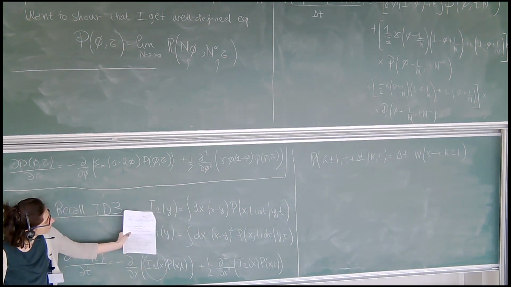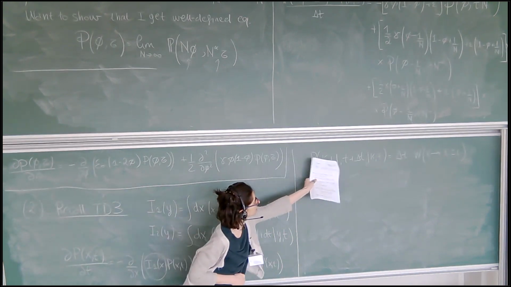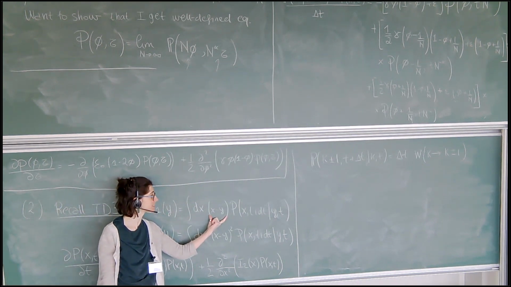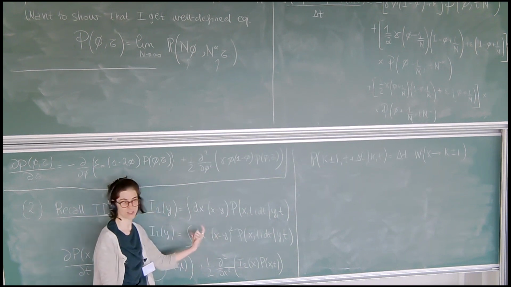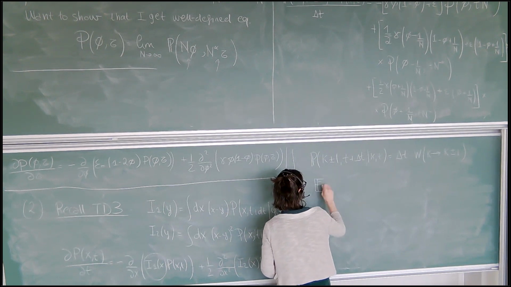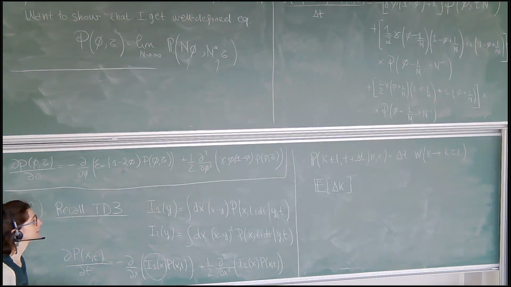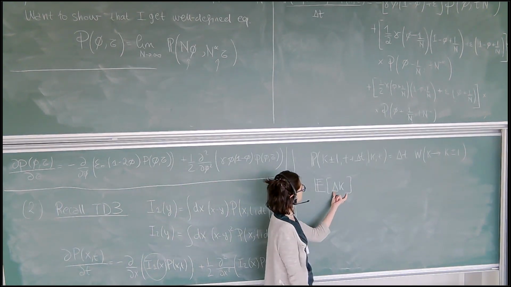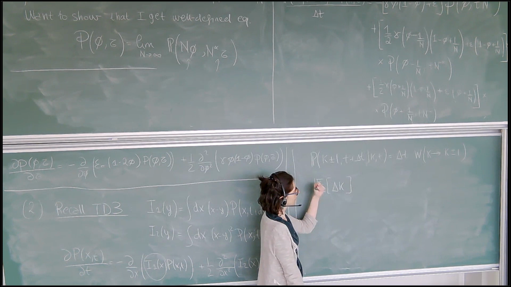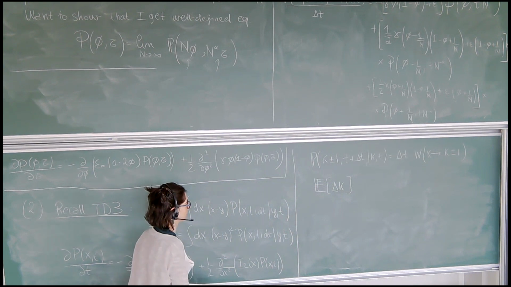And so now the analog of these averages will be averages over this conditional transition probability. And the possible values that your increments can take in the discrete setting are always plus or minus 1. So let me first compute the average increment delta k. This is equal to delta k equals plus 1 times the probability that delta k is equal to plus 1, minus delta k equals minus 1 times the probability that delta k is equal to minus 1.